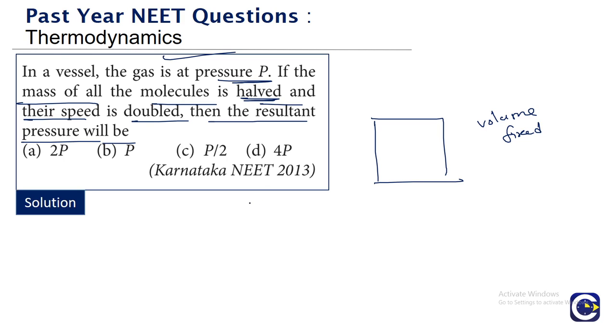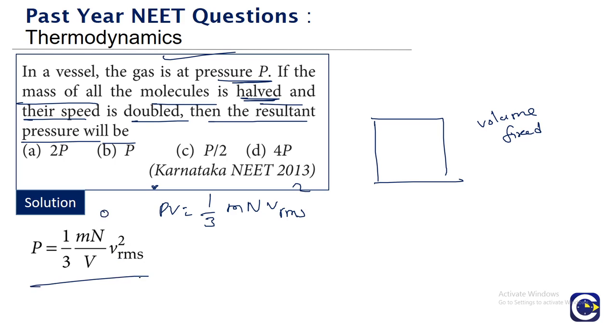So for this, we'll use the kinetic gas theory equation. PV is equal to 1 by 3 mN V RMS square. Otherwise, we are looking specifically for P, so P is equal to 1 by 3 mN by V into V RMS square. Here m represents the mass of each molecule, N is the total number of molecules in the container, V is the volume, and V RMS represents the RMS speed.